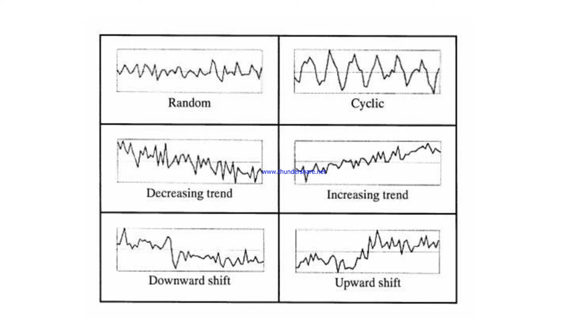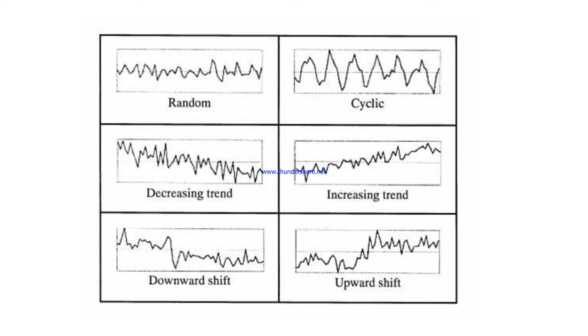And you can see the next two graphs, as we discussed, are showing the decreasing patterns and increasing patterns. If you look at the next two graphs, that is the downward shift and upward shift. In the downward shift, more points are close to the lower control limit, and in the upward shift, more points have shifted to the upper control limit.